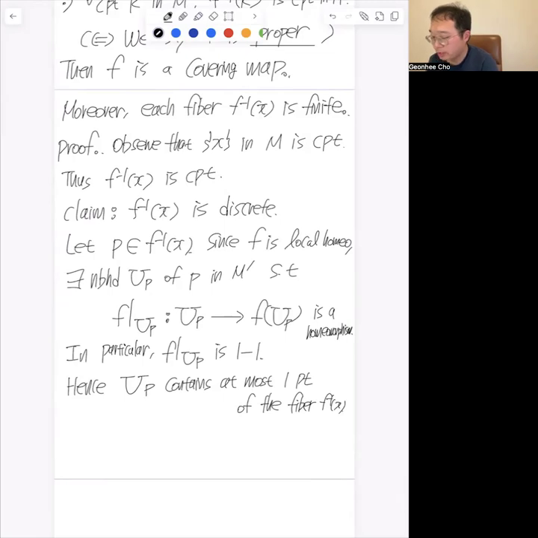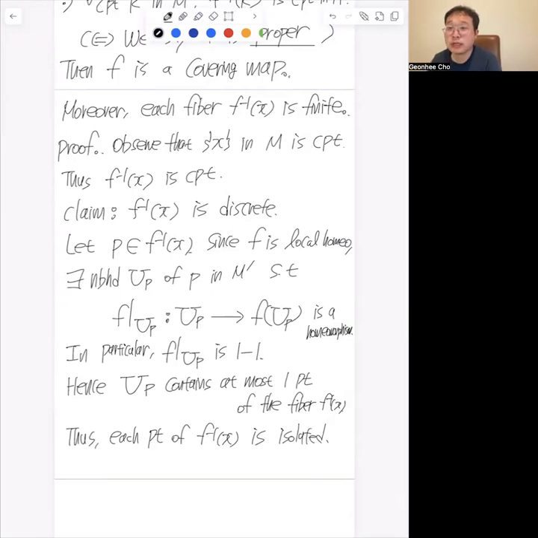There is no way to map from this neighborhood to X except the point P. So this means each point of this fiber must be isolated.